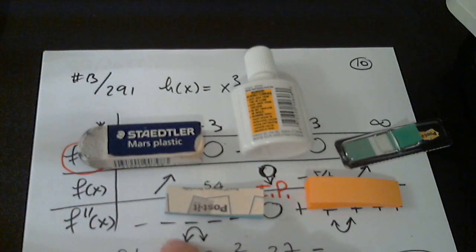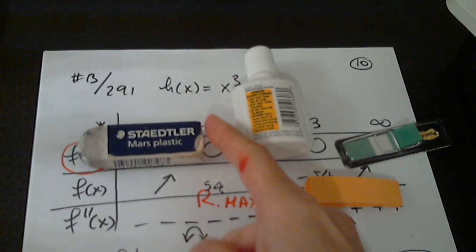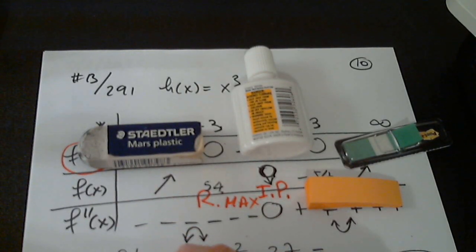What type of point can it be? Quinn, what do you think? A maximum. Of course. There is no other way. If there is a critical number in this interval and the function looks like this, there is only one option. Of course, thank you. It's a relative max.